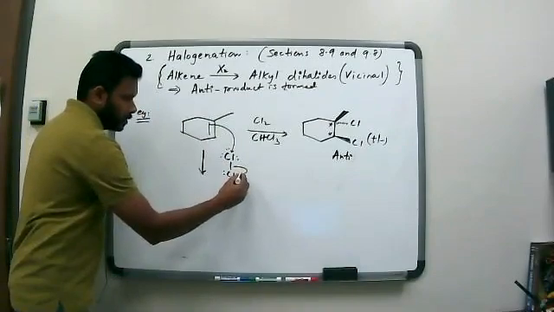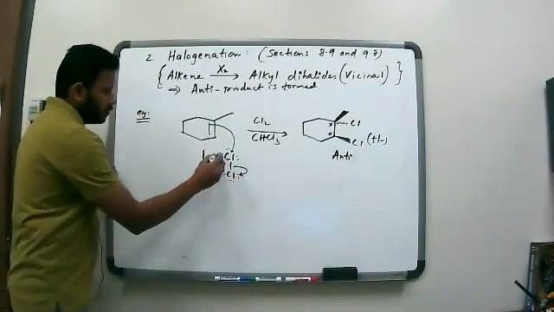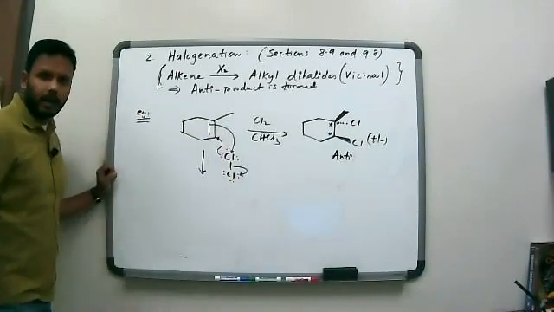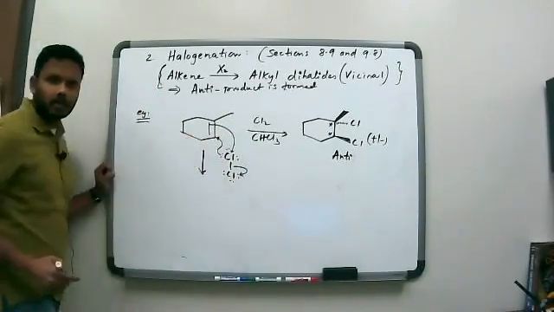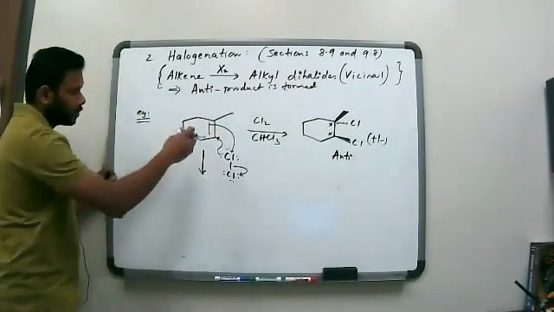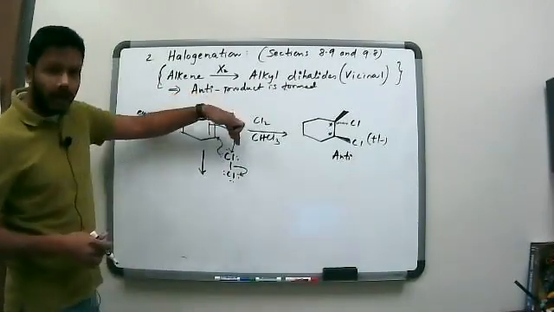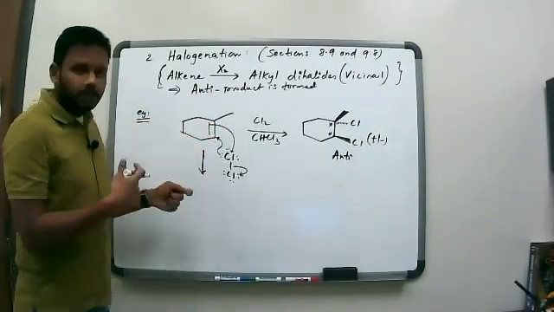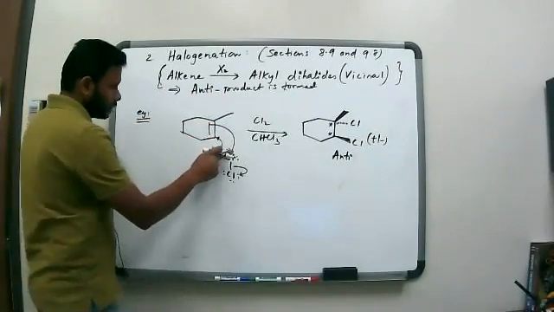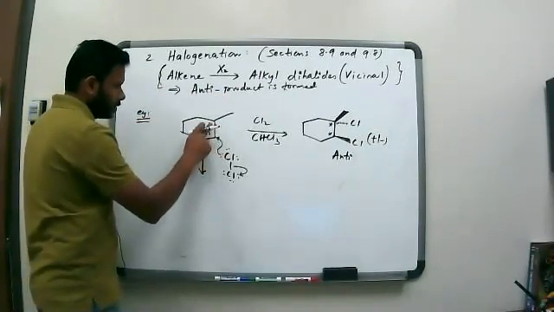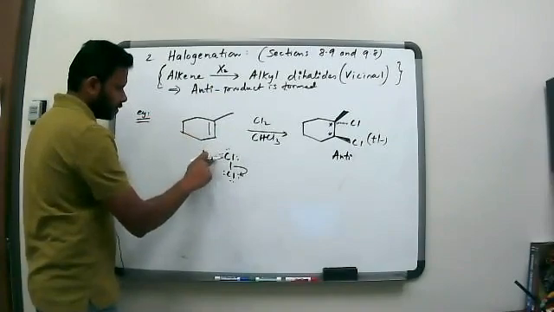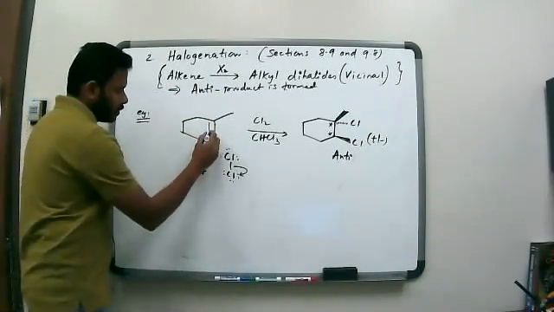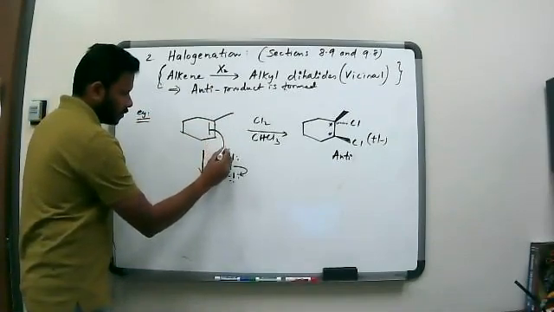The other chlorine gets pushed out, and at the same time, a lone pair on that chlorine comes and attacks the other carbon. Actually, I made a mistake here, and I'm going to fix it right away, because it is unsymmetrical in some sense. Okay, so the pi bond opens up and attacks the chlorine.